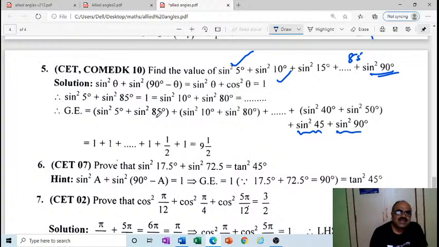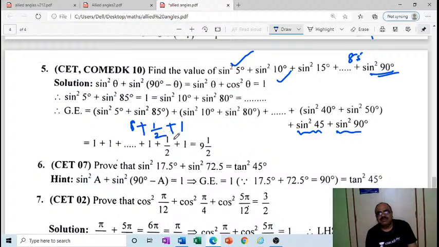So there are 8 ones you are going to get. So 1 into 8 will be 8. Plus sin 45 is 1 by root 2 whole square, it will be 1 by 2. And sin 90 is 1. 8 plus 1 plus half, it is 9 and half.